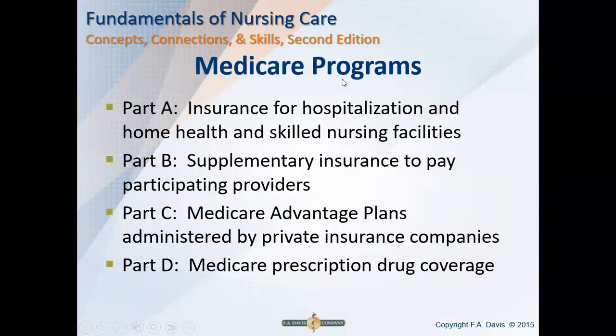Now the Medicare program. Medicare has 4 parts: Part A, Part B, Part C, and Part D. First of all, Part A: insurance for hospitalizations, home health, and skilled nursing facilities. So Part A covers inpatient hospital care, skilled nursing services, and hospice care. Part B is supplementary insurance to pay participating providers.